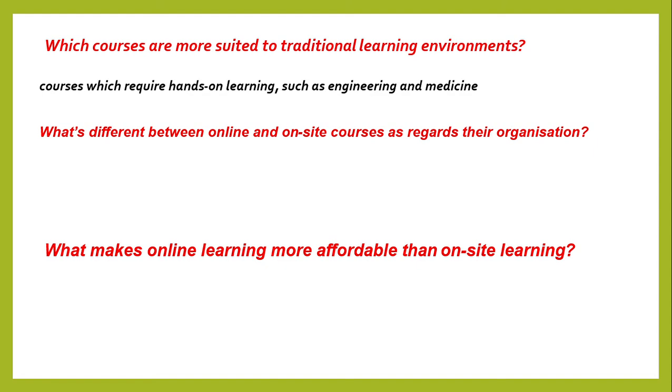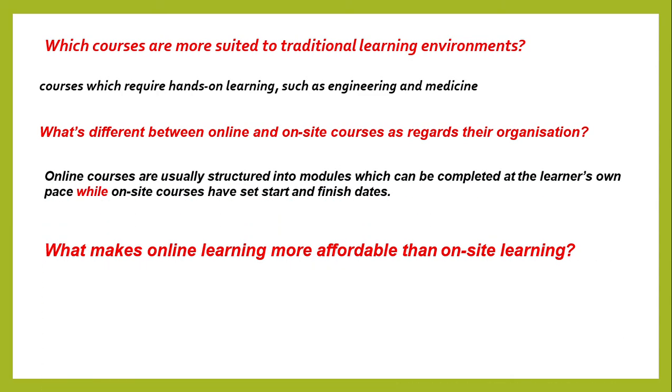Check your answer. The courses which require hands-on learning, such as engineering and medicine. The second one: online courses are usually structured into modules which can be completed at the learner's own pace, while on-site courses have set start and finish dates.